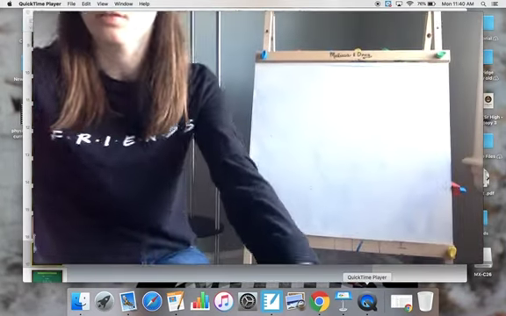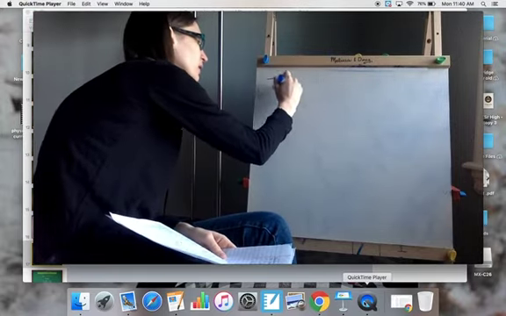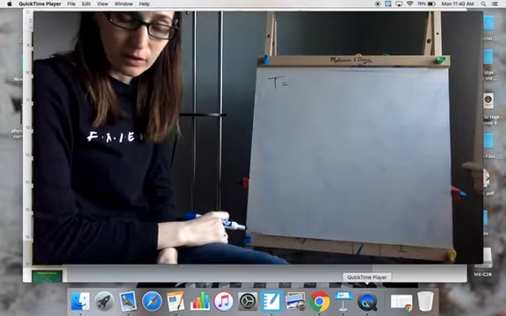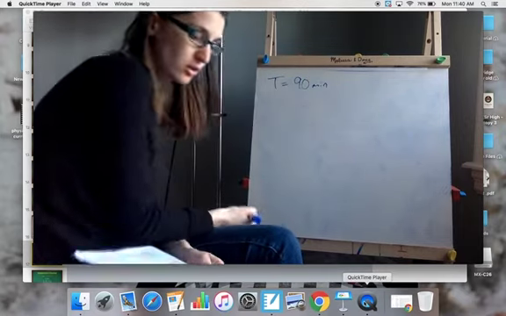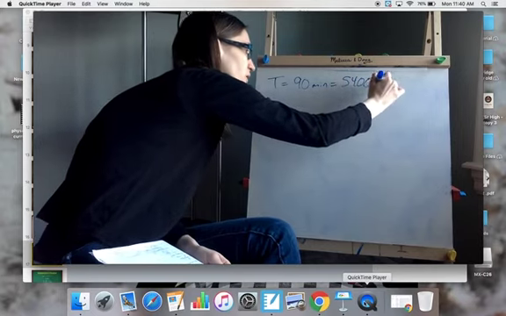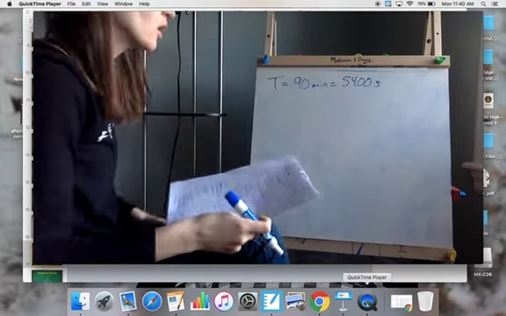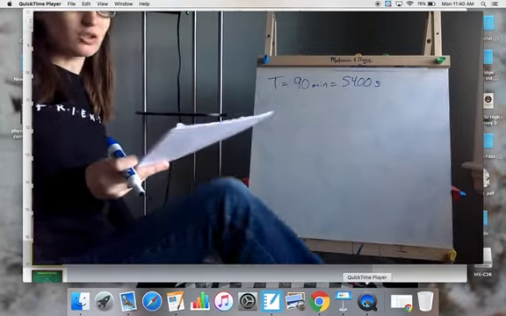So with this one, we're given that the weather satellite orbits the Earth every 90 minutes. We need that in seconds, so multiply by 60 and you get 5,400 seconds. We don't know how big the satellite is, but we don't actually need to know it.